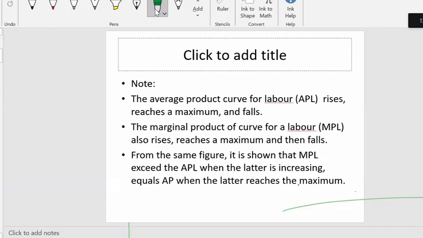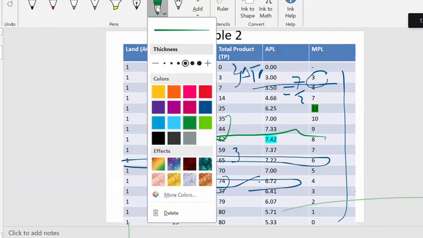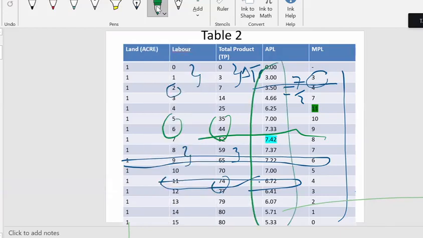But what do you observe in this table, for example this column? The average product is increasing, right? If you increase labor, the average product is also increasing: 4, 6, 7, 7.0. But there is a point where the average product is diminishing.